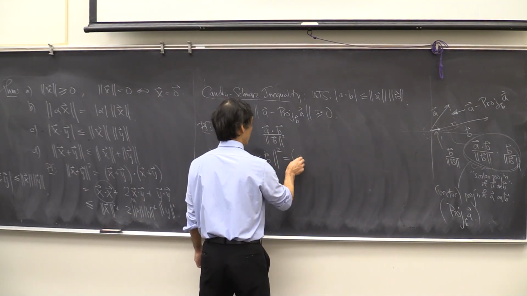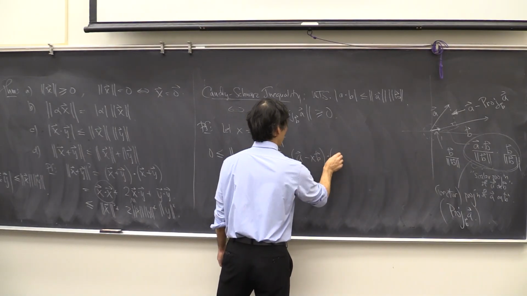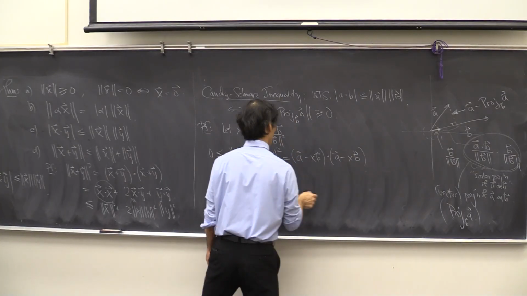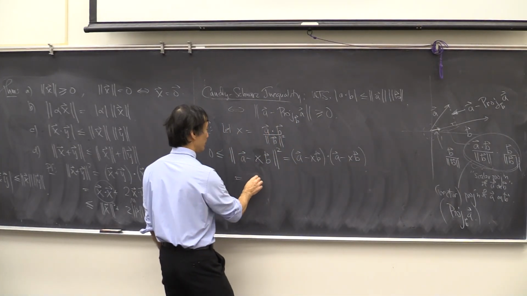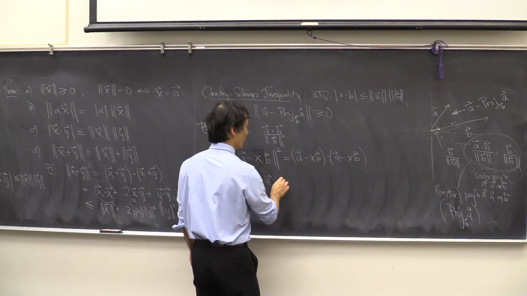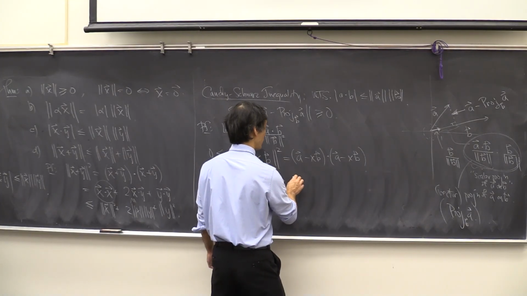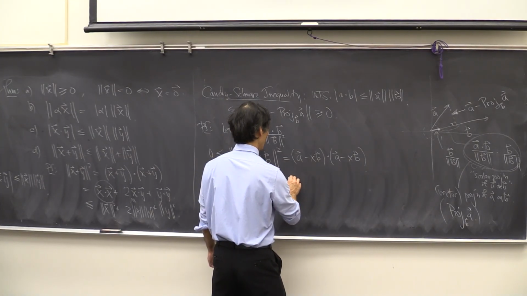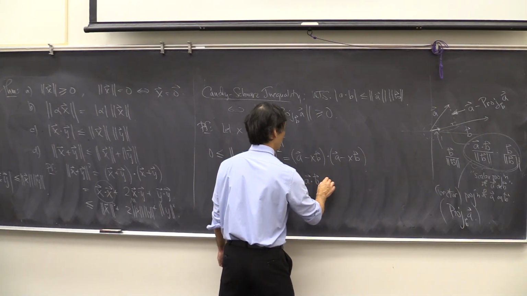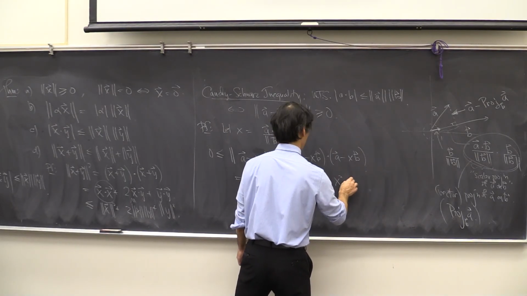So this is going to be a minus xb dot a minus xb. That is a dot a minus 2x a dot b plus x squared b dot b.